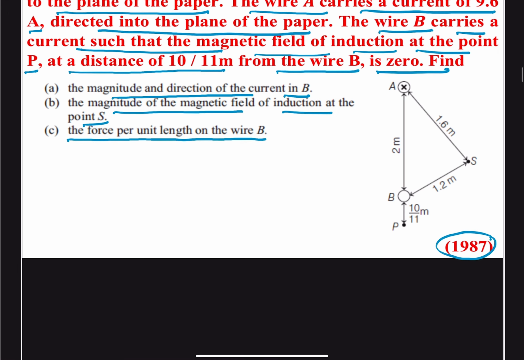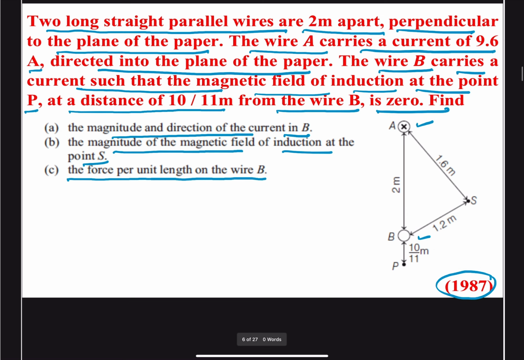So we have the figure. We have wire A and wire B, and wire A is carrying a current which is, you can say, into the plane of the paper. So that's why it's marked as X, and we have a point P which is 10 by 11 meter from B, and it says that at this point P the net magnetic field is 0.